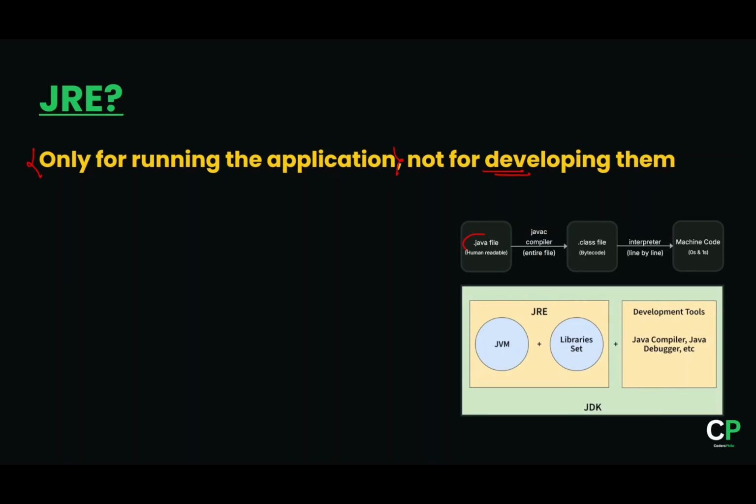For example, in order to develop, the .java file needs to be compiled into the .class file. So we need a compiler. JRE does not provide the compiler. It is only intended for running the application. JRE can only run the .class file and cannot be used for developing them.